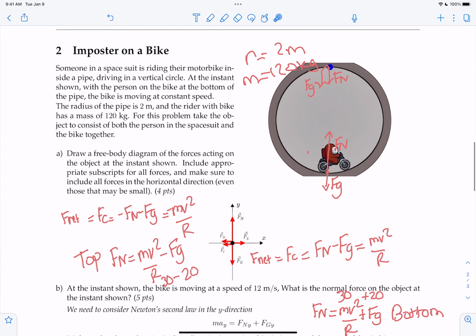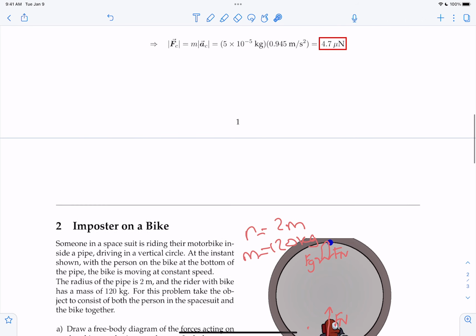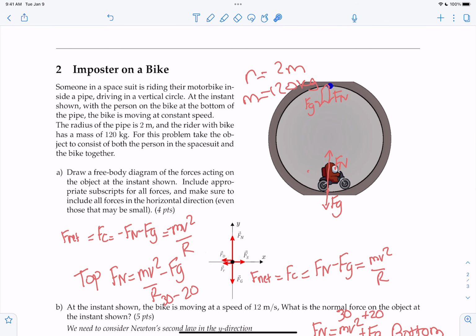Now, it makes sense because at the bottom, normal force is contributing to your centripetal acceleration directly. And so normal force is directed along the radius here. It's pointed directly radially inwards. It's giving us centripetal acceleration, right?